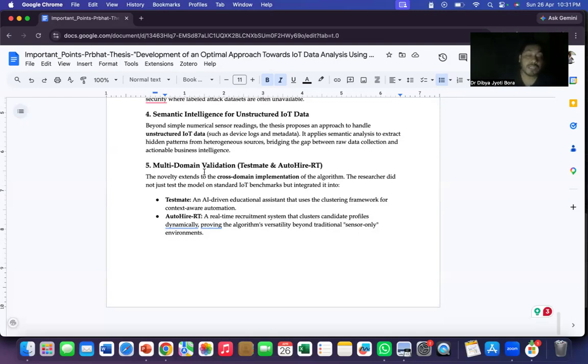And then we can say multi-domain validation. We have validated with TestNet and AutoHire. This novelty extends to the cross-domain implementation of the algorithm. We did not just test the model on the standard IoT benchmark, but also integrated it into TestNet. TestNet is an AI-driven educational assistant that uses the clustering framework for context-aware automation.